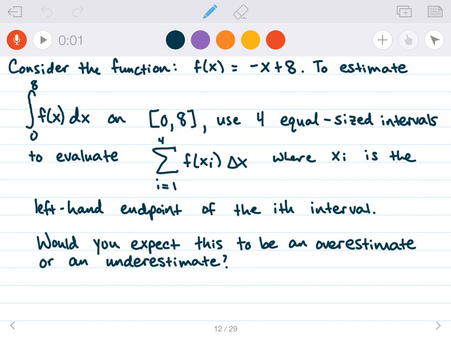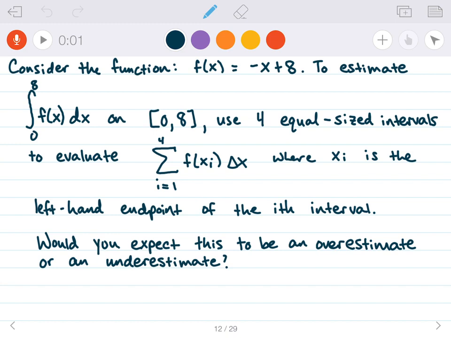All right, let's look at this example. So let's see where we're at in time. Okay, we're good. Okay, so we want to consider, again, we have a linear function, negative x plus 8. So yes, we could find the exact area because it's linear and we could just break it into a triangle. But let's go ahead and estimate using 4 equal size intervals, meaning 4 rectangles, on the interval x equals 0 to x equals 8.